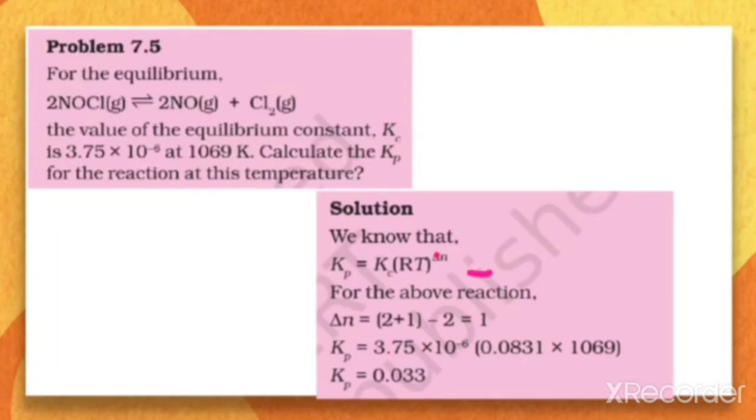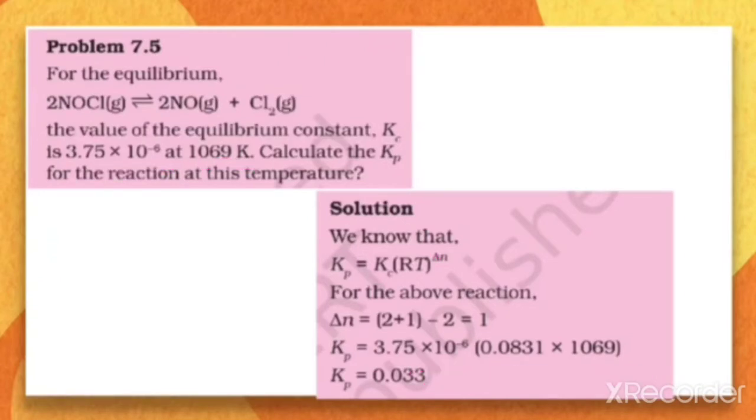Now we'll apply the formula and substitute the values. Kp is equal to the Kc value that is given in the problem, times the R value, which is taken as 0.0831, times the temperature that is given here. When you solve it, you will get the Kp.